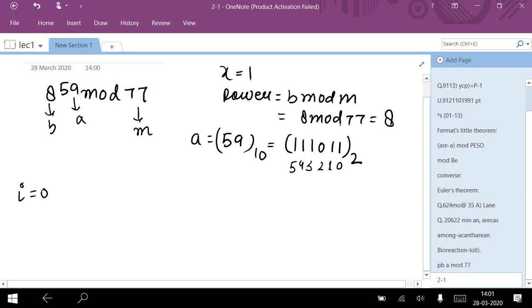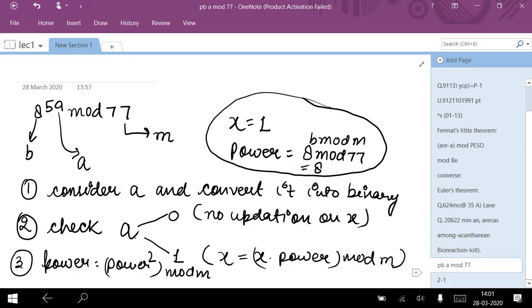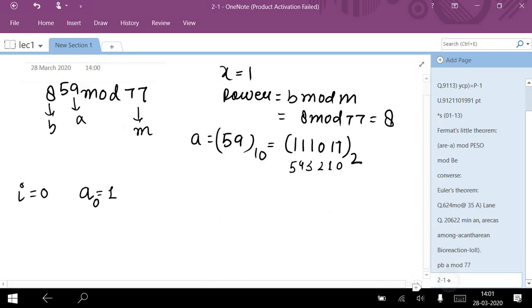At iteration number 0, what is the value of a0? This value is 1 here. Now just follow the previous step. If the value of a equal to 0, then there is no updation of x. If a equal to 1, then there should be an updation of x by using this equation, that is x equal to x into power mod m.